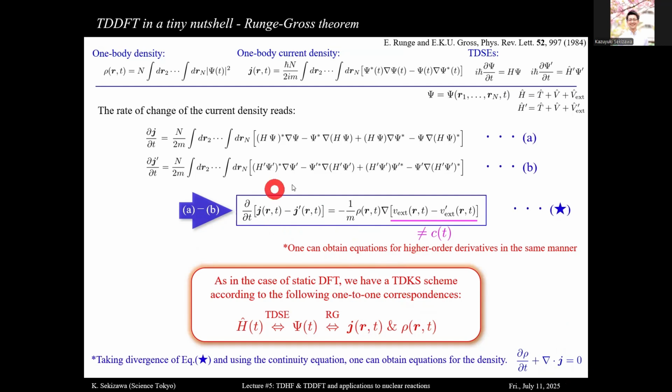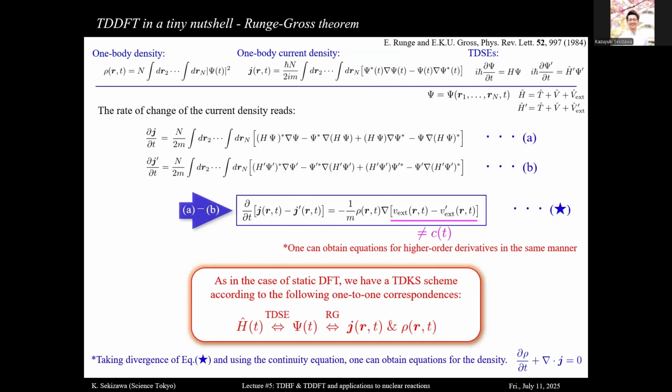So again, the left-hand side becomes the difference of the time derivative of the one-body density. You can use the same argument: if the external potentials are different by more than the time-dependent constant, then the time derivative of the one-body densities must be different at a certain point.